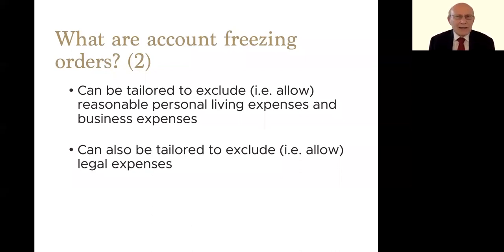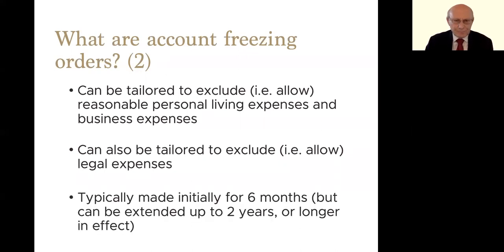But where the account freezing order covers all of somebody's accounts or covers his only account, then clearly he could be in some difficulty if he can't get money out to go shopping at the supermarket or whatever. So be aware of these opportunities to tailor the account freezing order.